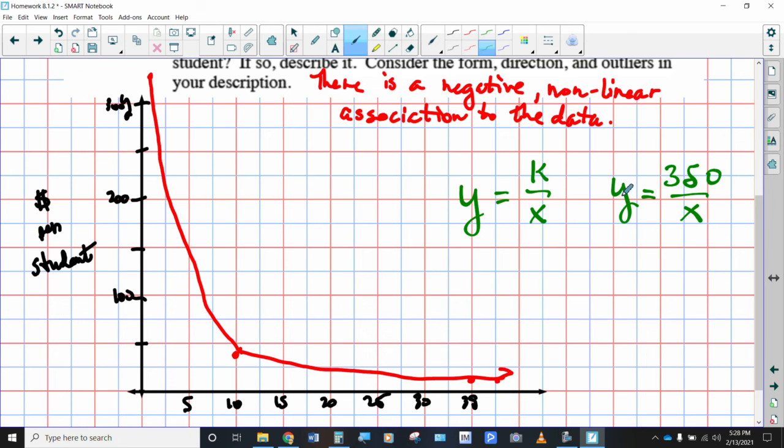So neither x nor y can ever be equal to 0 because you can't have 0 in your denominator. So this graph is going to forever go closer to the x-axis, but it'll never actually get there. And this will always go forever closer to the y-axis, but this will never actually get there. So that's what this nonlinear kind of a graph looks like, and it's associated with inverse variations.